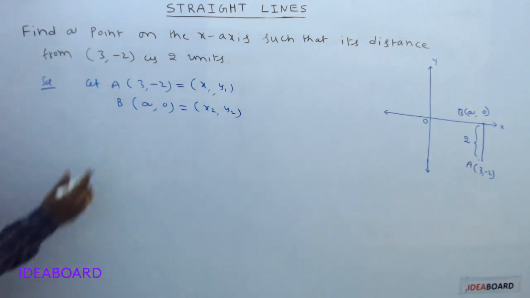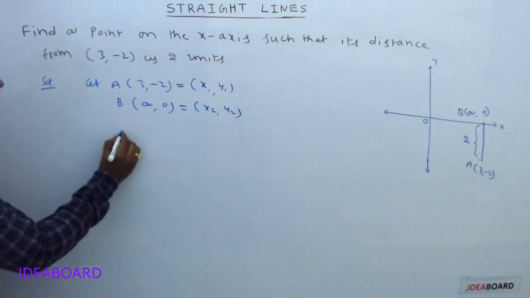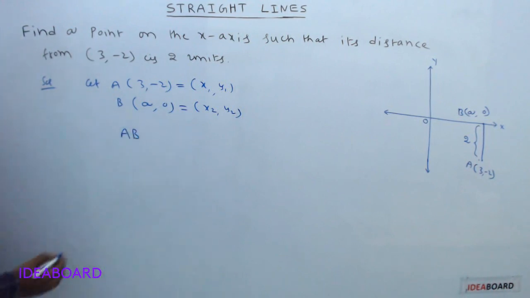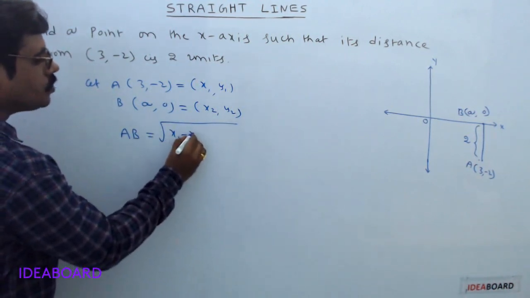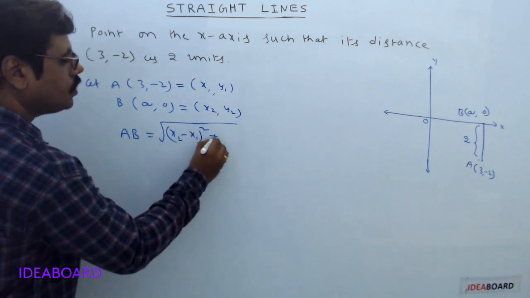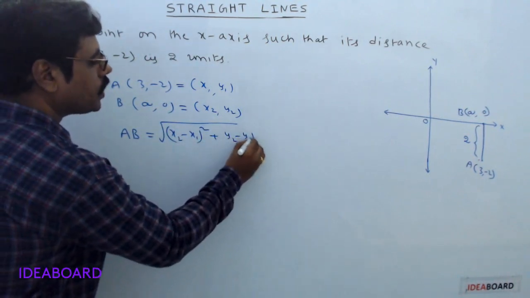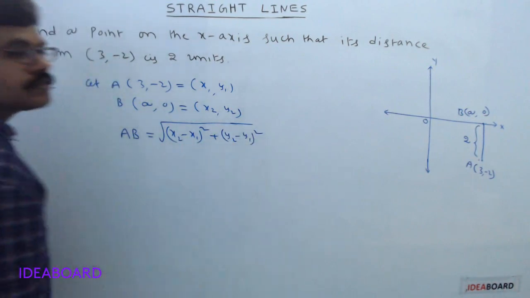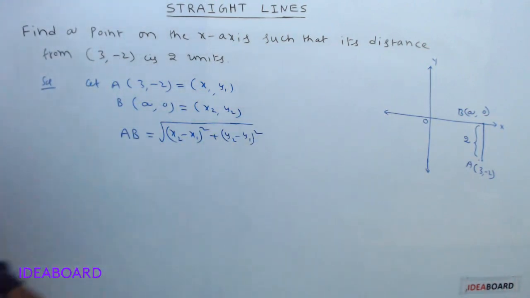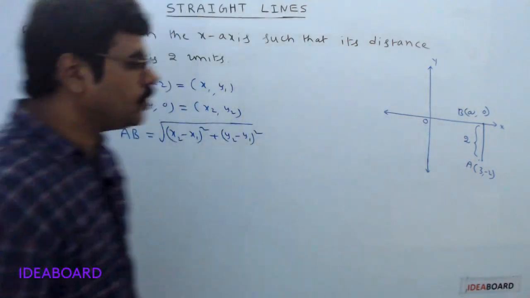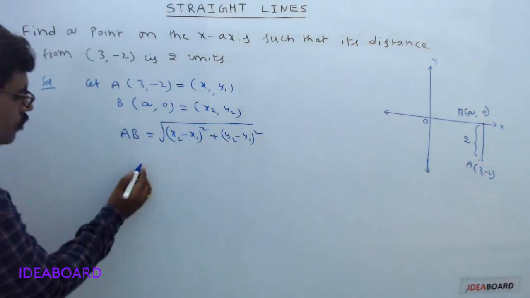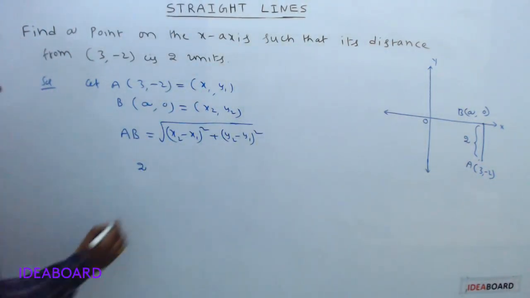The distance between the points A and B is denoted by AB. It is the square root of (x2 minus x1) whole square plus (y2 minus y1) whole square. Now here the distance between the points A and B is given as 2 units, so in place of AB you can write the constant 2.